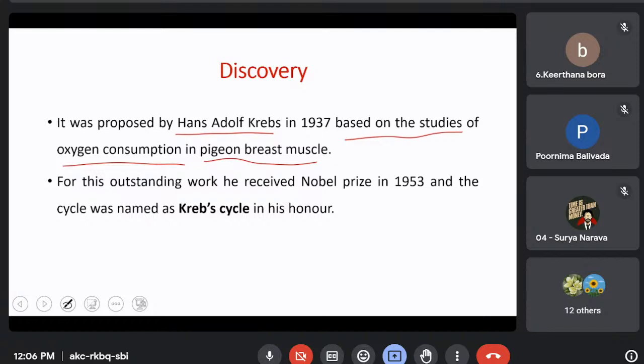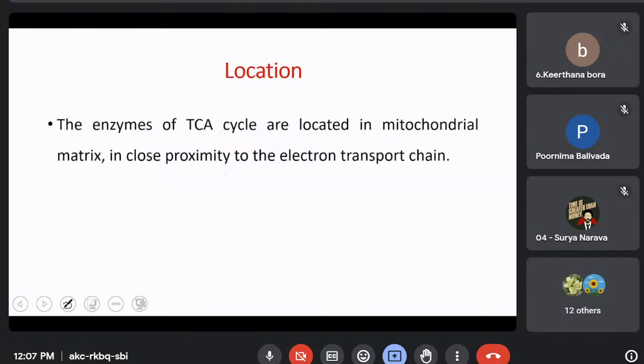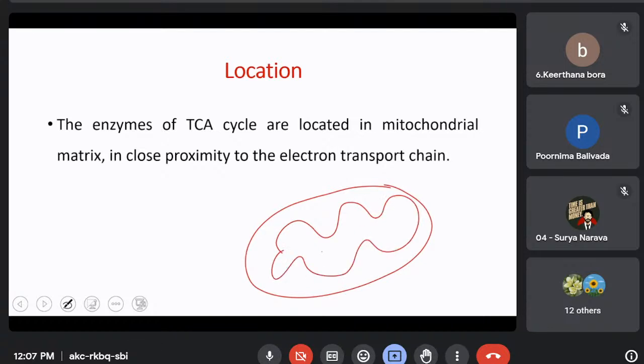The citric acid cycle or tricarboxylic acid cycle is also given the name Krebs cycle after his name. Coming to the location where this Krebs cycle occurs, the entire Krebs cycle occurs in the mitochondrial matrix because the enzymes responsible for the Krebs cycle are present in the mitochondrial matrix.